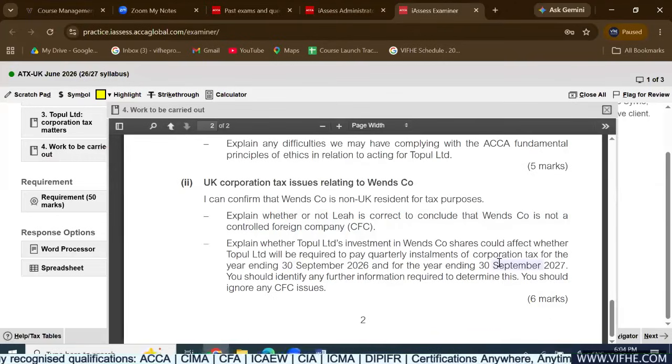But I do not need to identify the month in which the first corporation tax installment needs to be paid. I need not identify exactly what the first corporation tax installment figure is going to be, because to determine the installment figure, you need some more data in the question to draft your answer.